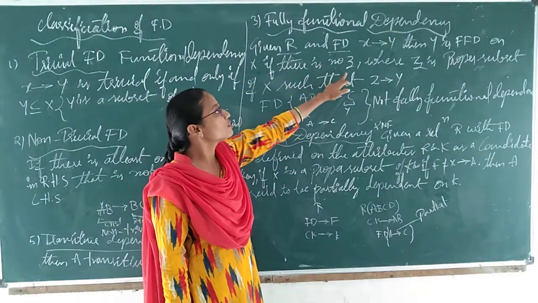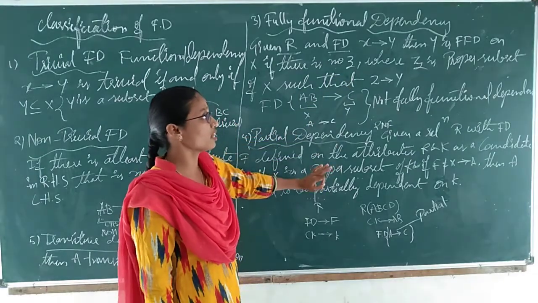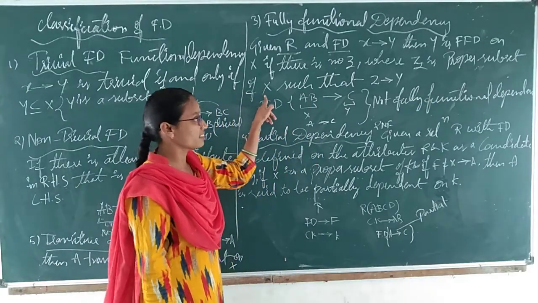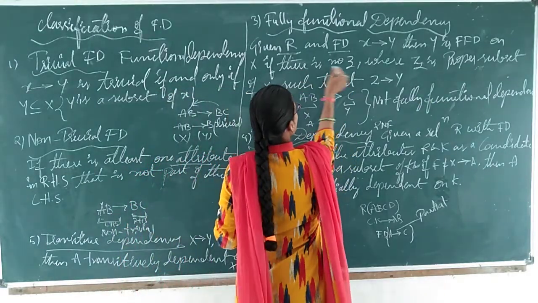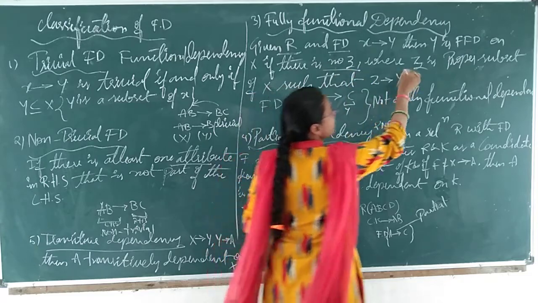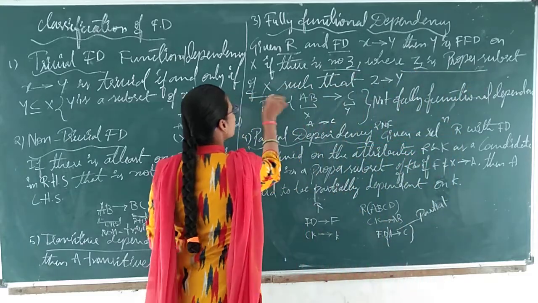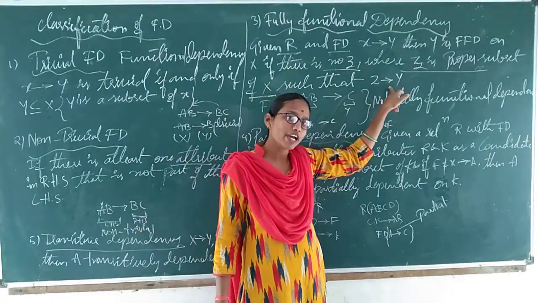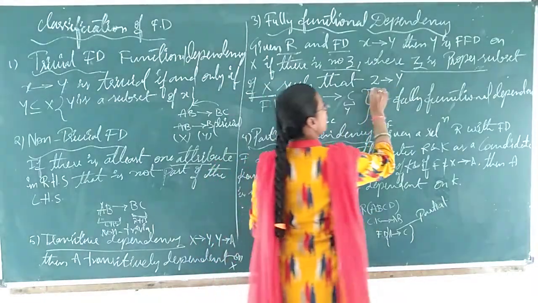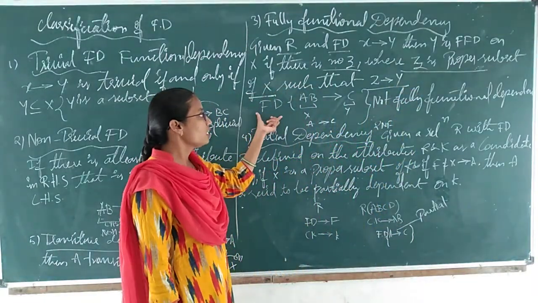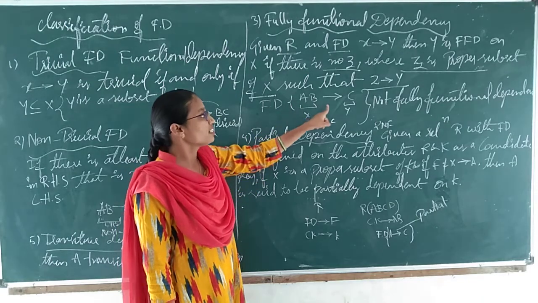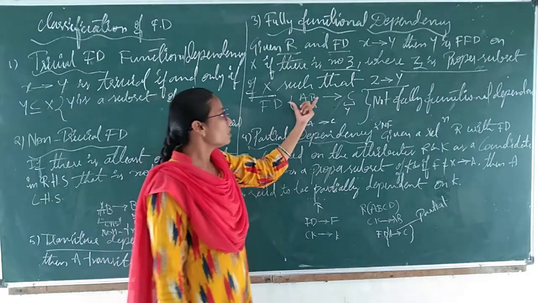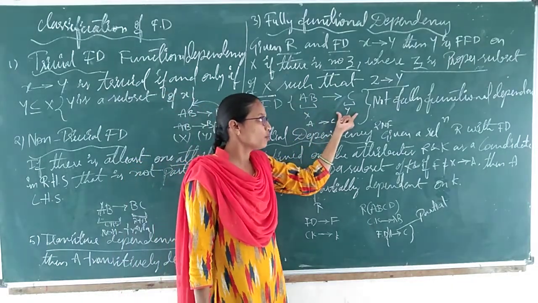If there is no Z, where Z is a proper subset of X, such that Z determines Y. Here, in the functional dependency AB determines C, AB is the X attribute and C is the Y attribute.